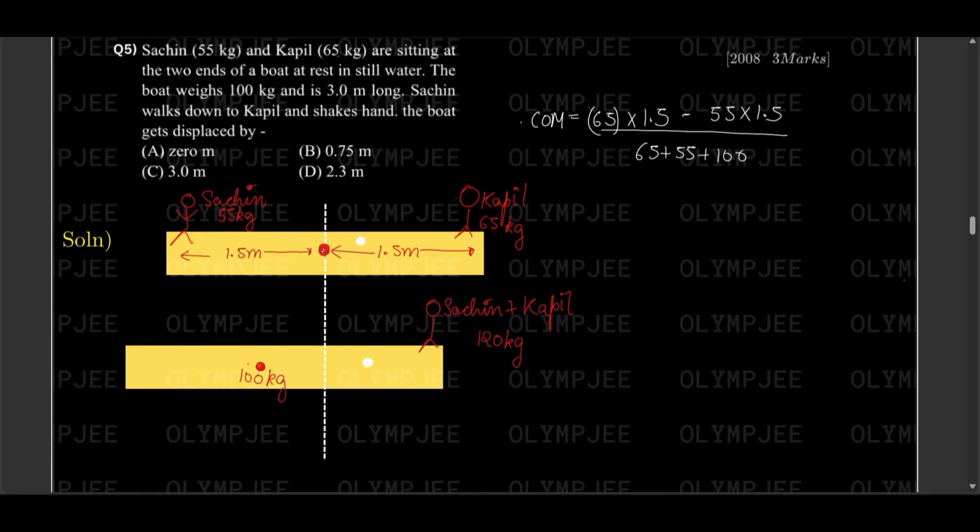The center of mass of the boat is located at the origin only, right, on the y-axis. So this will be 100 multiplied by 0. So there will be no contribution. So the center of mass on calculation comes out as 0.6818 meter.